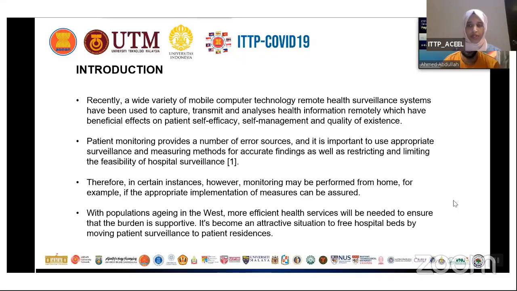It is an effective solution to free hospital beds by moving patients' surveillance to patients' residence.